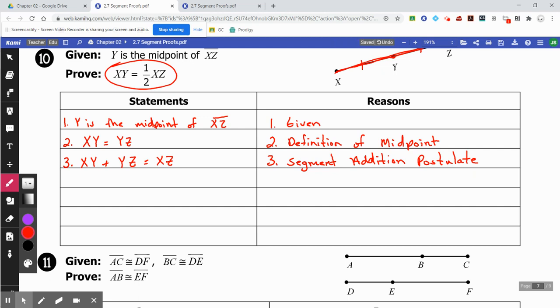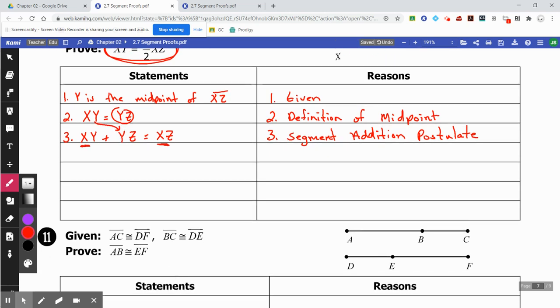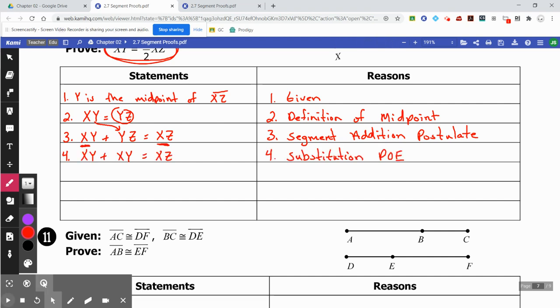I know that what I'm trying to prove only involves XY and XZ. So I have my XY here and my XZ here. Now I can get rid of this YZ by replacing it with XY in step 4, because of substitution, which results in XY plus XY is equal to XZ.